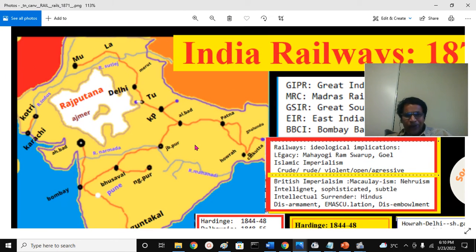Another important railway line on the western side is Karachi to Kotri, this is the Indus River. Across from Kotri there is a city called Hyderabad. Hyderabad and Kotri are like twin cities, almost like Howrah and Calcutta are twin cities.